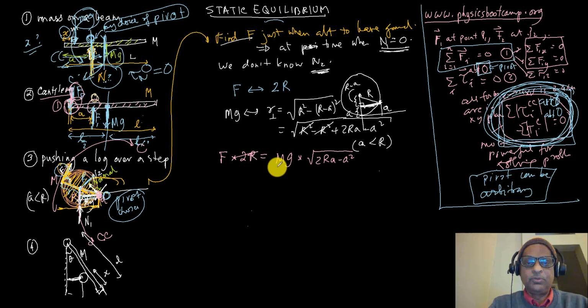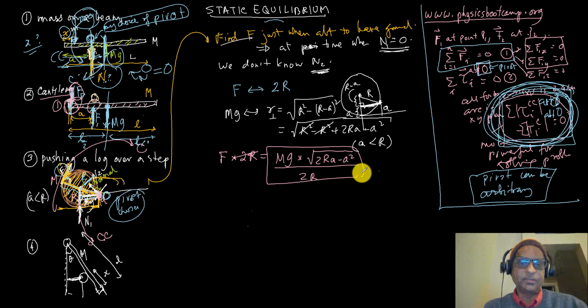So 2r goes down here, and that's the answer for this. It's pretty easy, right? Once you get the hang of this, you just have to see where the pivot will be. We have set n1 equal to 0, so I didn't have to include that in the formula. All right, how about doing that problem?